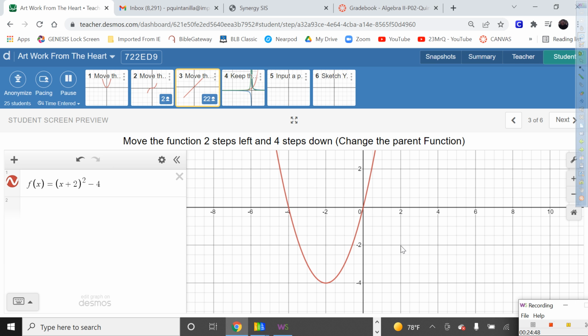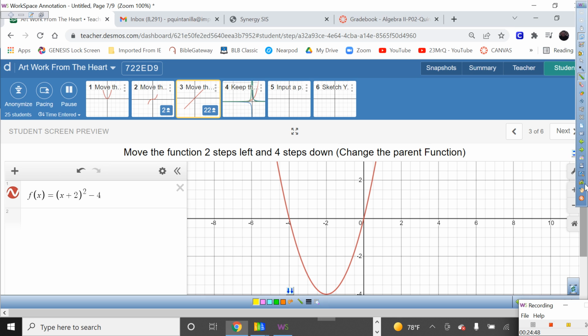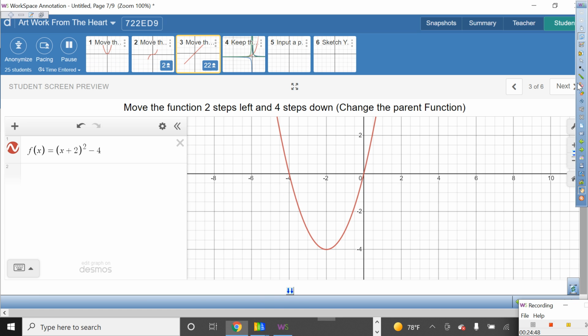However, look up. I only want to see this window right here. Tell your neighbor what domain we're going to add to only see this part.